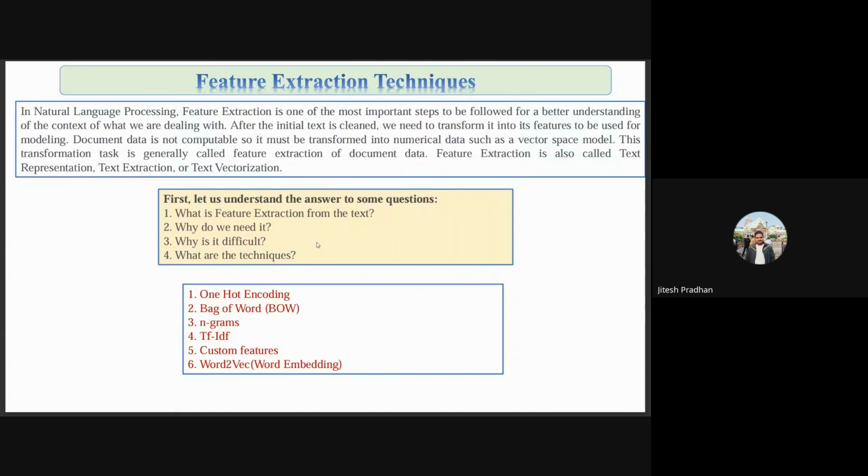Why do we need it? Because machine learning models cannot understand text, so we have to convert it to a numerical representation. Why is it difficult? Because in NLP there is so much ambiguity, as we have already discussed, so it is very difficult to extract the actual features.